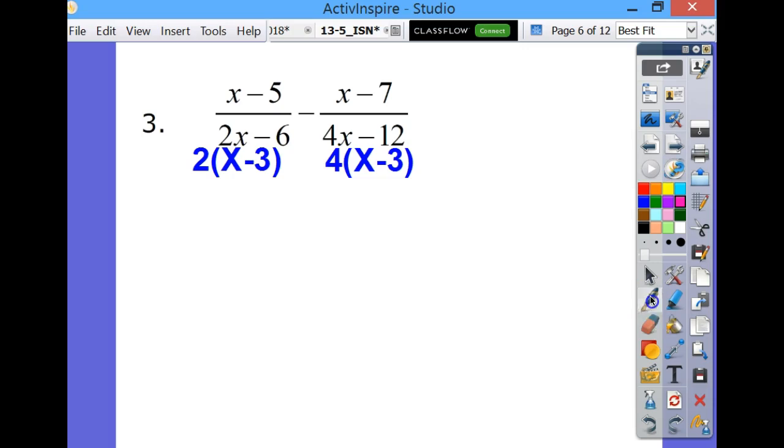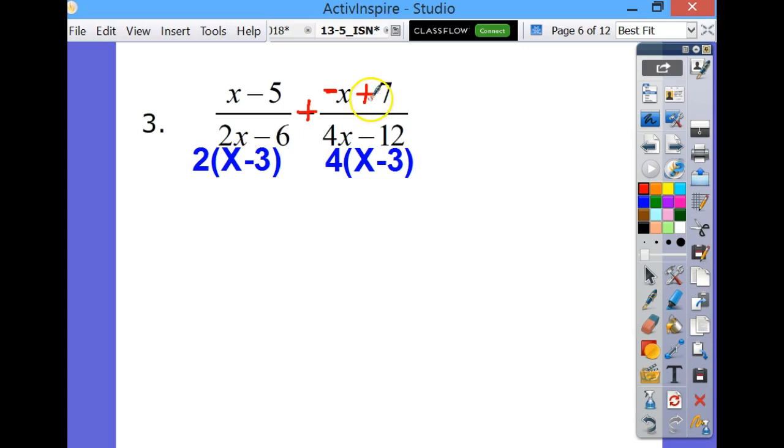The first thing I need to do is change the subtraction to an addition sign, and that changes the sign not just on the x, but on the 7. I am subtracting an x and a negative 7.